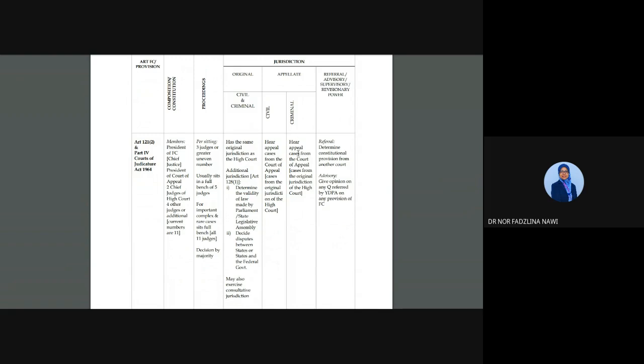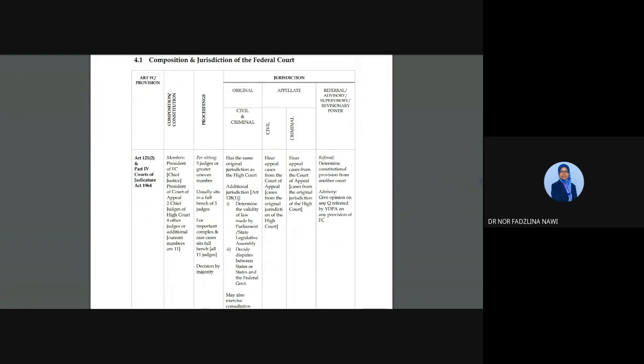And then for criminal, they can also hear cases from the Court of Appeal, which are, as I said, the same as civil cases, whereby usually the case originates from the original jurisdiction of the High Court. Apart from that, the Federal Court will have a referral and advisory jurisdiction too.